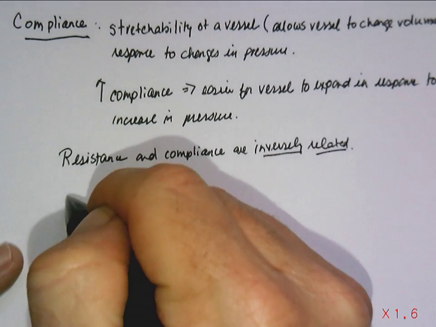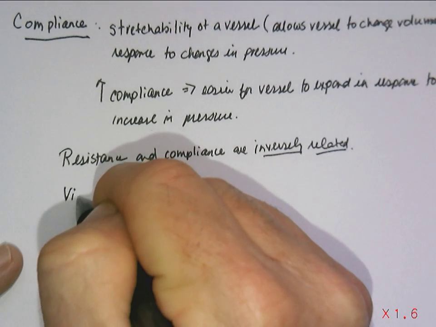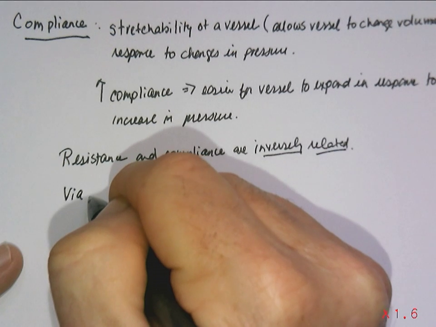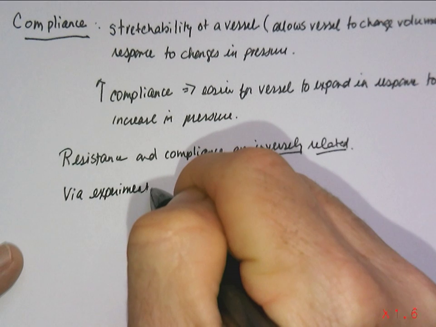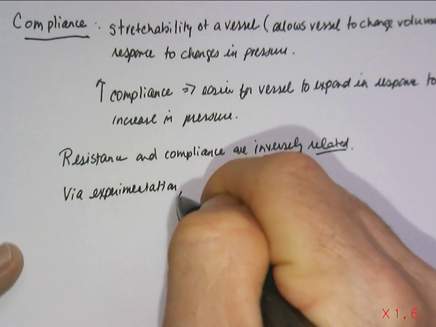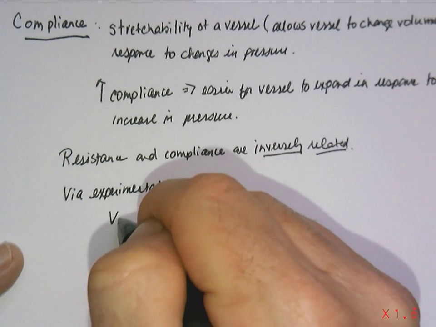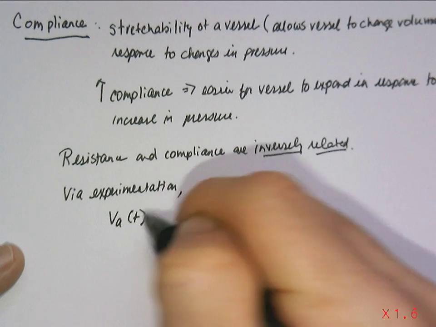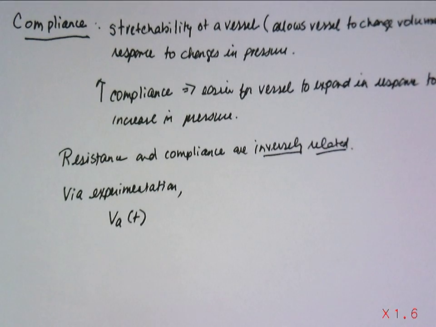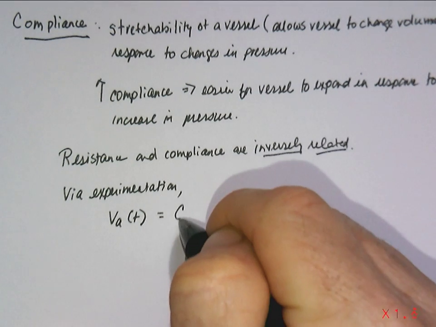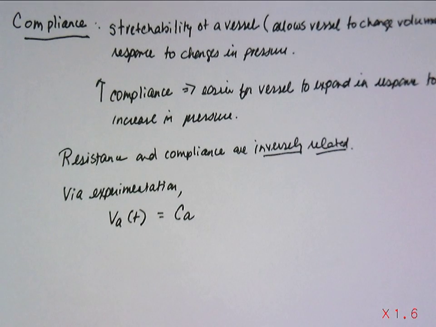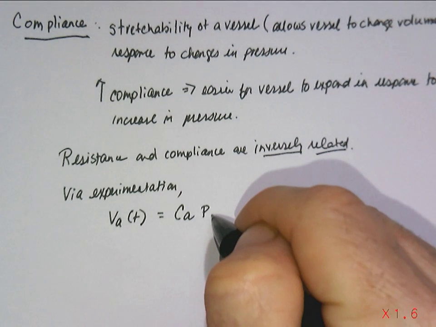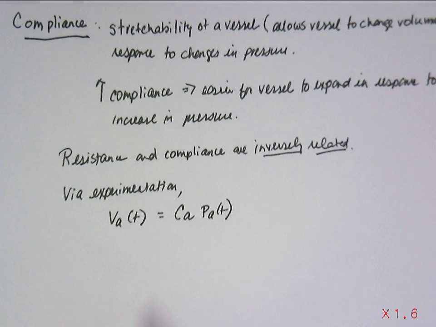So by experimentation, again, building a mathematical model based on what we call ground truth, in other words, what's known and what's measurable, turns out that VA of T, the stroke volume related to arteries, is equal to this compliance factor, we'll call it CA, times that pressure. Okay.